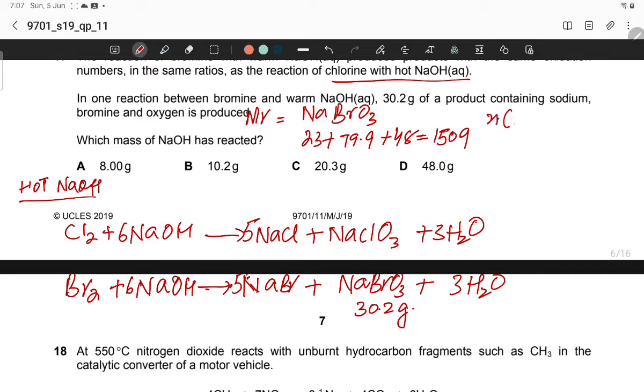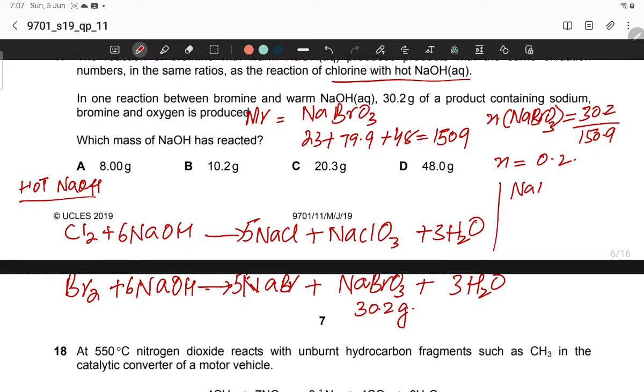Mole of NaBrO3 is equal to 30.2 divided by 150.9. So mole is equal to 0.2.